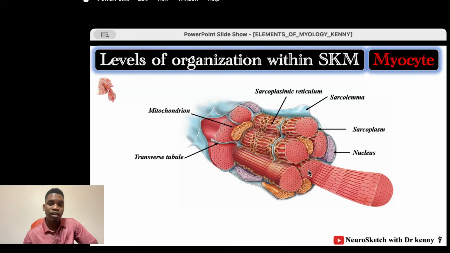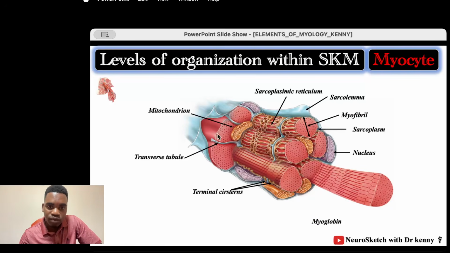What is so special about the muscular cell is the ability of the muscle to contract and relax. So the muscular cell has a contractile element, and this contractile element is what is known as the myofibril. The myofibril is the contractile element of the muscle tissue, and of course we know that the muscle stores oxygen, with myoglobin being special for storage of oxygen.